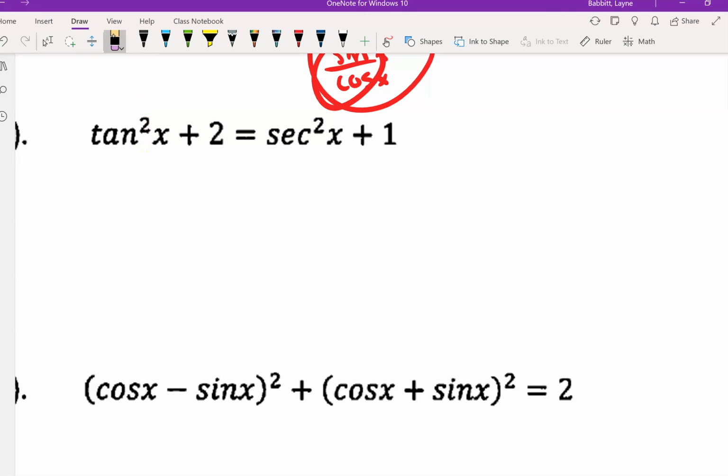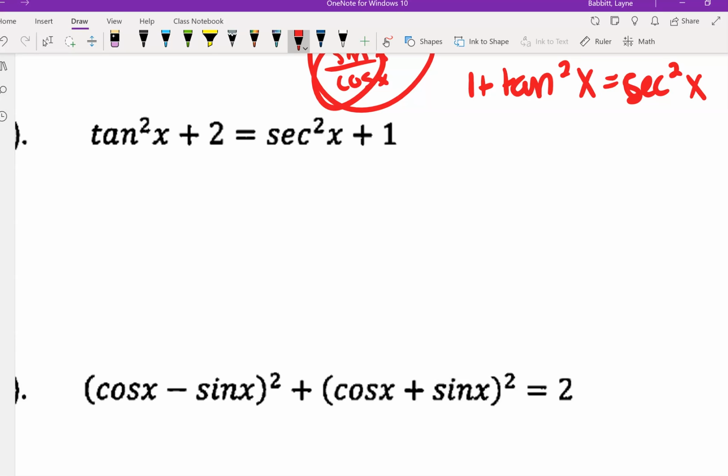So I noticed that we have a Pythagorean identity that is 1 plus tangent squared x equals secant squared x. And we can use that to help us out here.